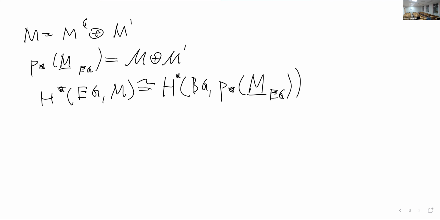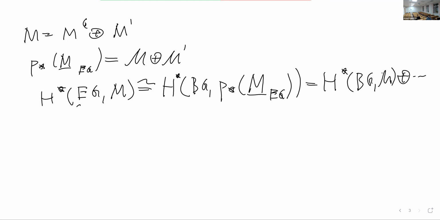Okay, and this is the same as the cohomology of BG with M, plus something.